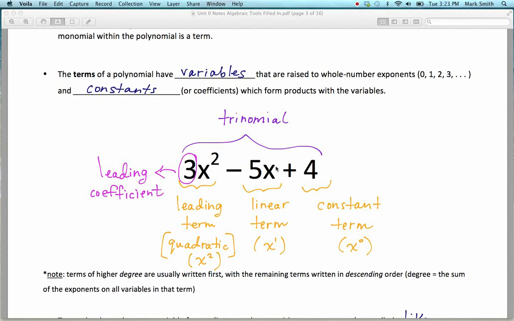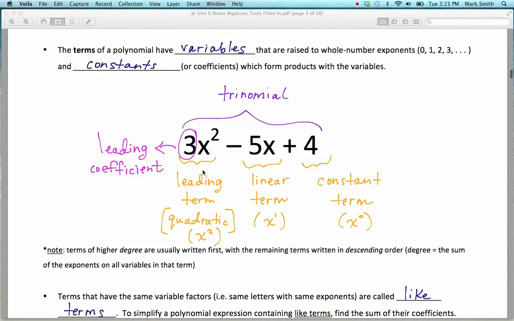We don't see it, but we know it's there. And then this constant term, we don't see a variable, but in fact, if we were to multiply it by x to the 0, then we know that anything to the exponent 0 is 1, so 4 times 1 just gets us our 4 back. And that way we can see that the exponents do decrease 2, 1, and 0 technically in our trinomial.